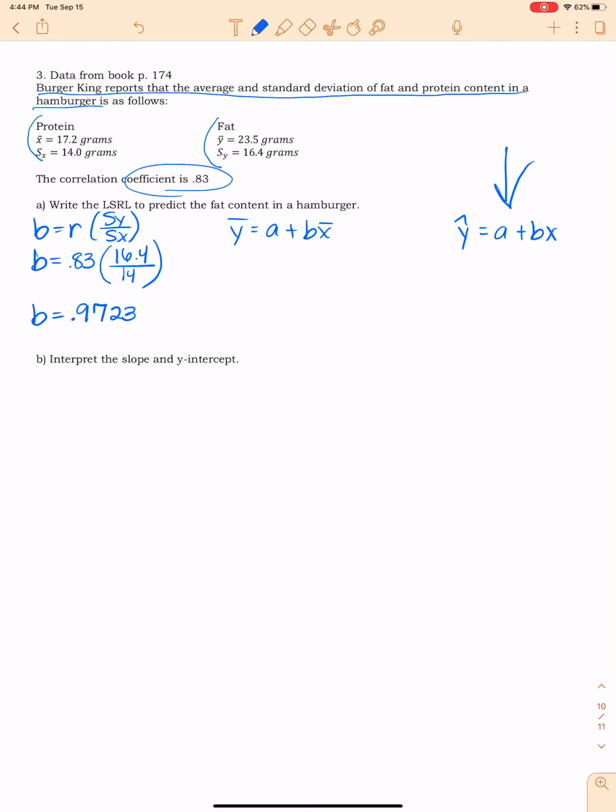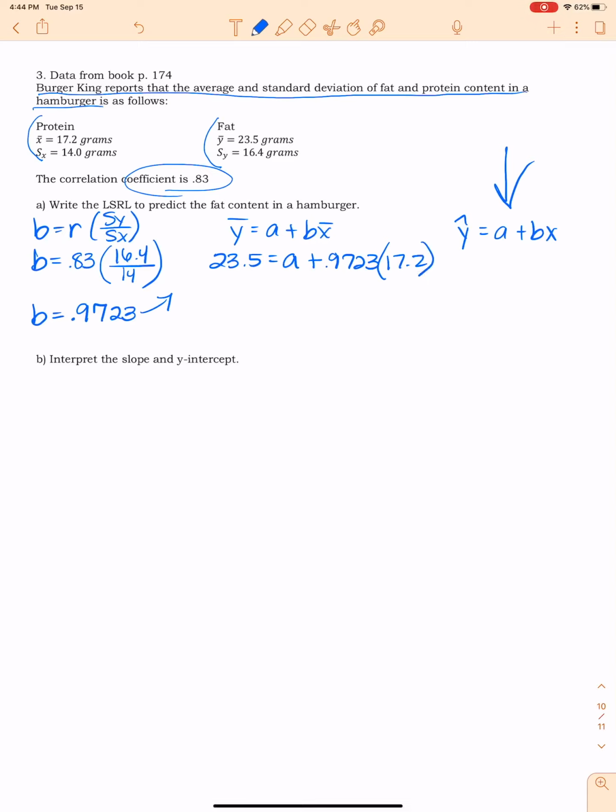That's what I did. All right, so then that leads us to our next equation because I now have enough information in it to find my y-intercept. So I have to have the slope to find the y-intercept. That's why I start with that first formula.